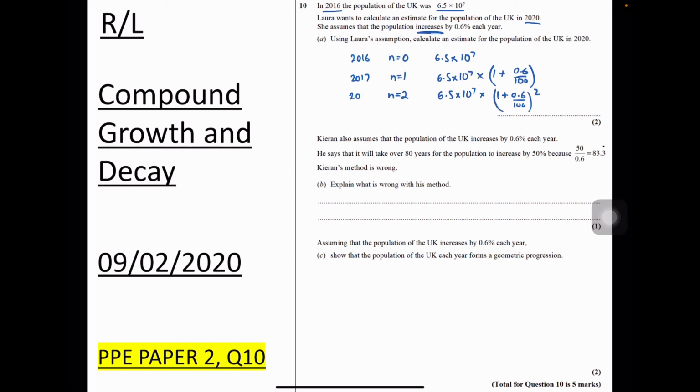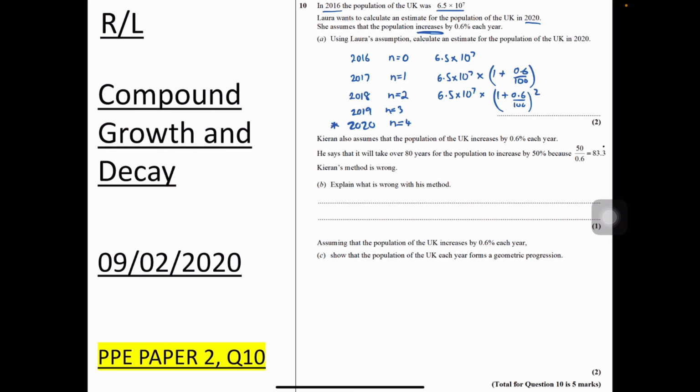But again, that gives us the population in 2018. 2019 would correspond to n equals 3. 2020 would correspond to n equals 4. And that's the one we want to work out.